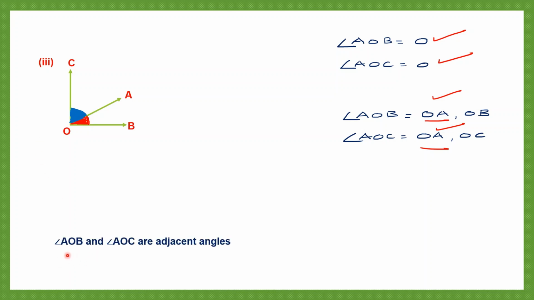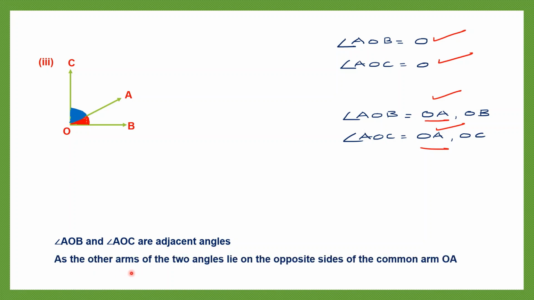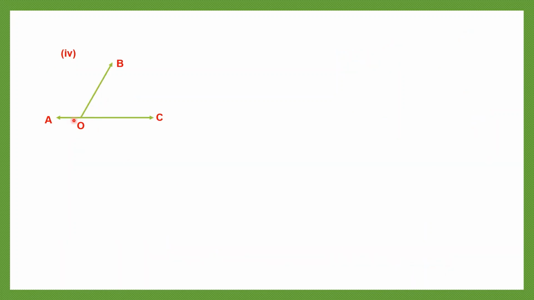So we have written that down. Angle AOB and angle AOC are adjacent angles. What is the reason? As the other arms of the two angles lie on the opposite sides of the common arm OA.